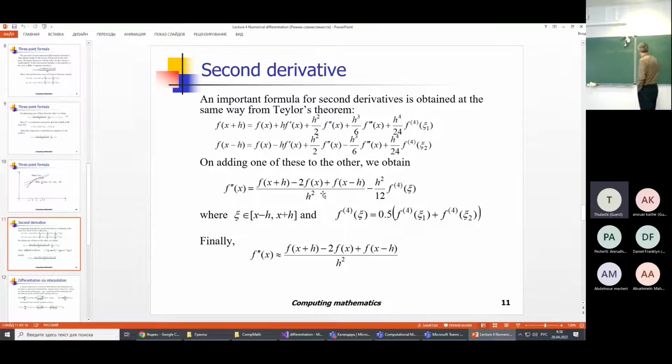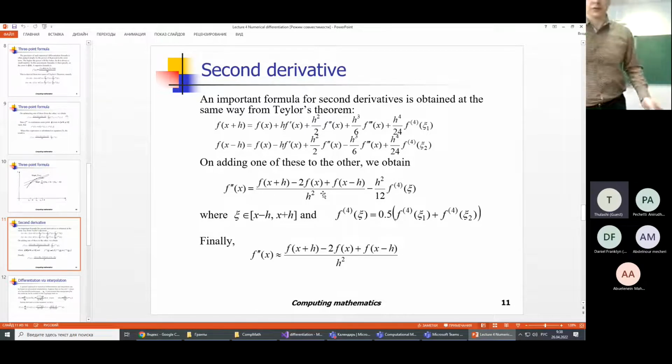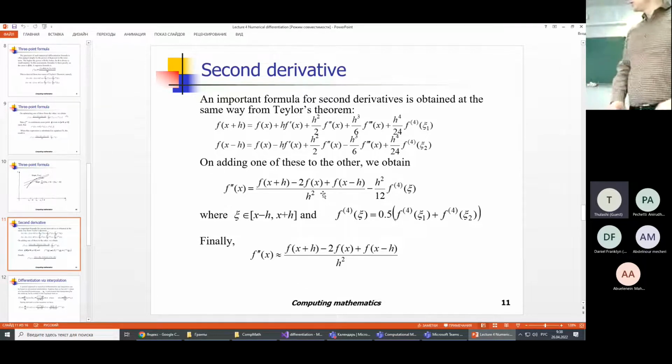This is the 2-point formula, and f prime of x approximately equals f of x plus h minus f of x minus h over 2h is the 3-point formula. But these formulas allow us to find a numerical approximation for the first derivative. Sometimes the task is to estimate the second derivative of a function.